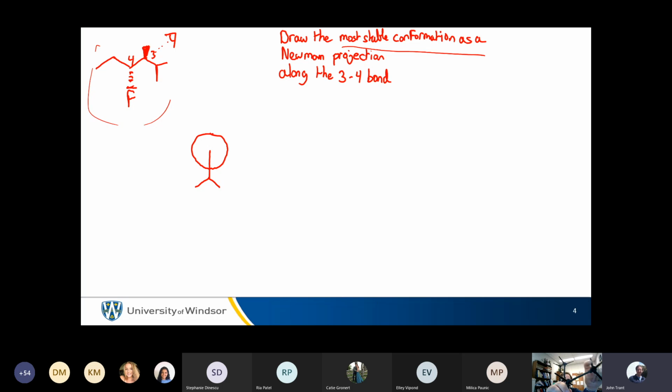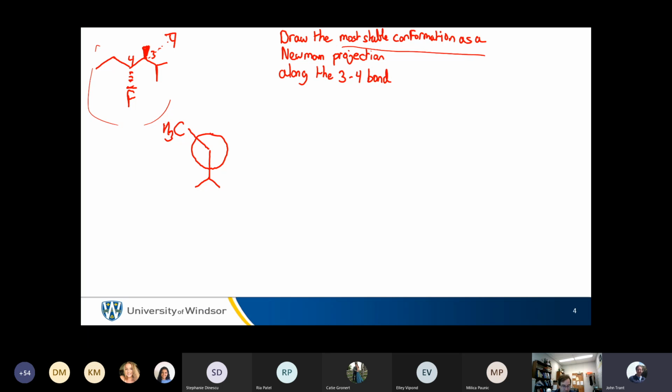You're looking from the carbon with the methyl group. And so if you reach out with your left hand towards that, it's closer to you, you're going to grab the methyl group. So I'm pretending I am in the page, and I'm reaching out with my left hand, and there's a methyl group there.